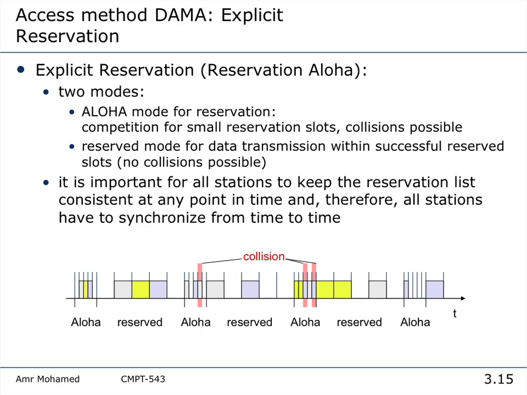But if fewer nodes are sending, doesn't this mean that utilization is very low? No. Why? Because at this point, I know that only 3 nodes out of the n nodes want to send. Not only that, I know exactly the size of the frame that they want to transmit. So after the reservation phase, I usually use this time to announce.